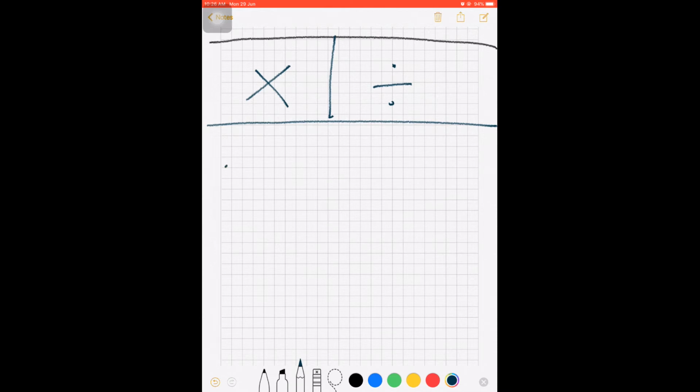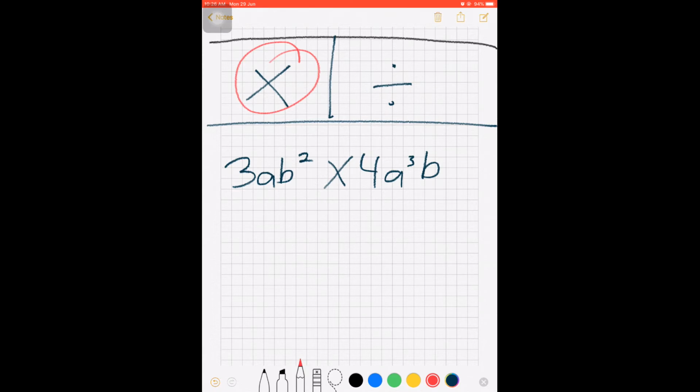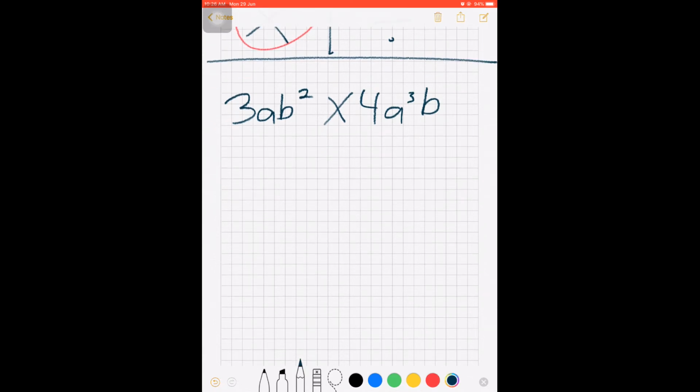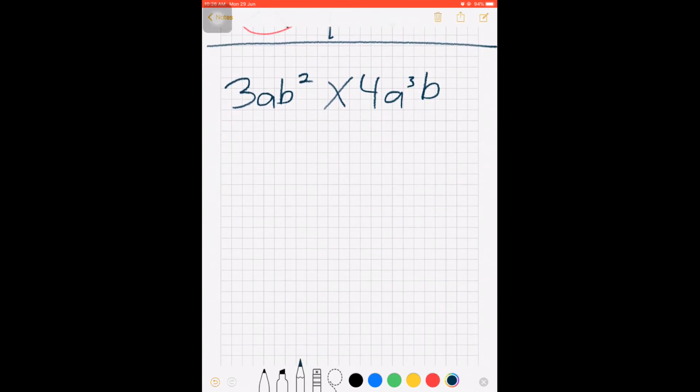So I give a number 3a b kuasa 2 darab 4a kuasa 3b. Okay, I'm going to show you how to do darab first. I'll do bahagi later. Okay, so for when it comes to darab, again, you also should gather the like terms first.